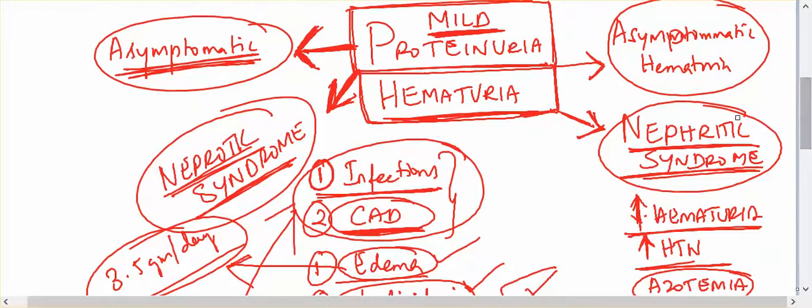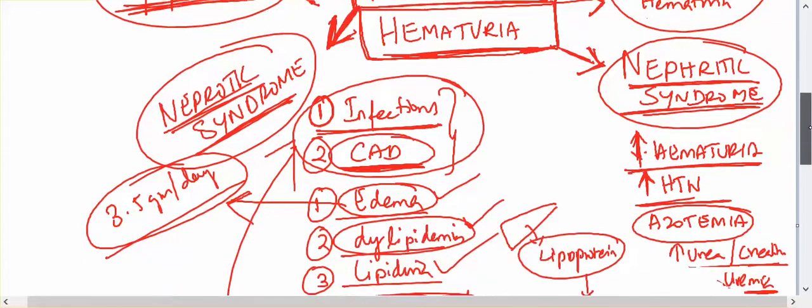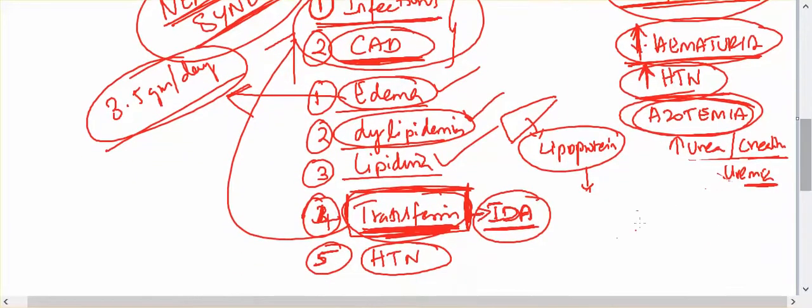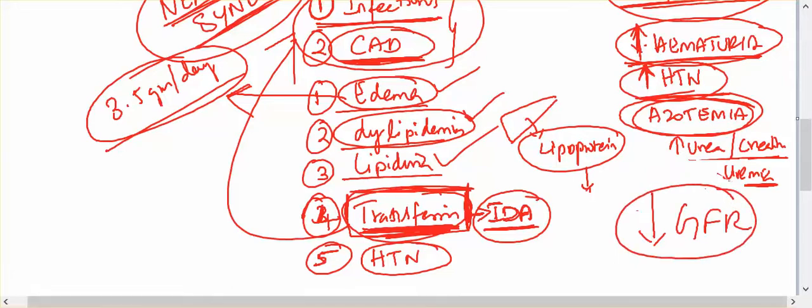Okay, so in the nephritic syndrome, if there is severe hematuria, and that leads to serious hypertension, it is all happening because the glomerular filtration is not happening. Okay, if there is complete fall of GFR and increase in serum creatinine, understand?